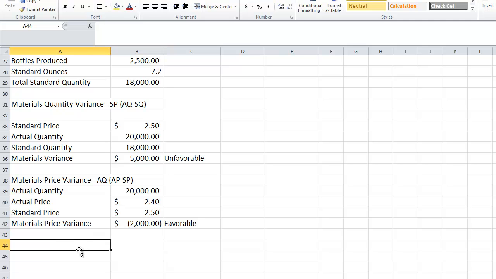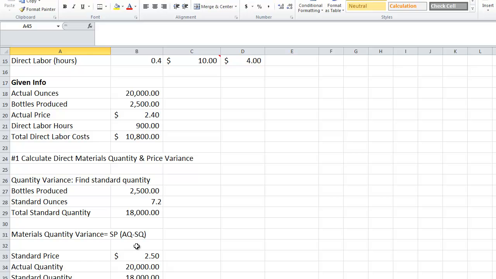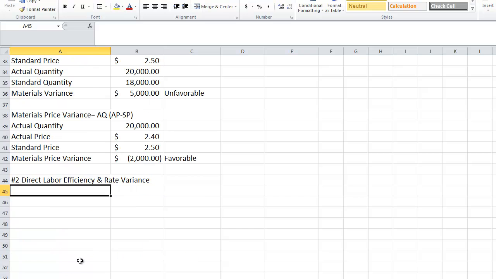Now, if we want to do number 2, direct labor efficiency and rate variance. Well, first, step 1, calculate actual rate.